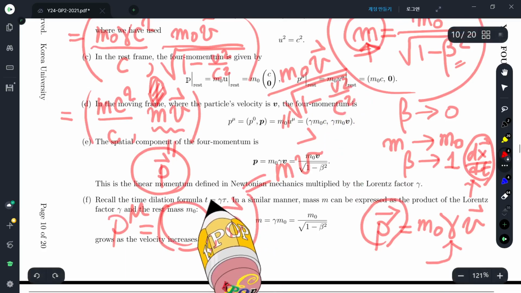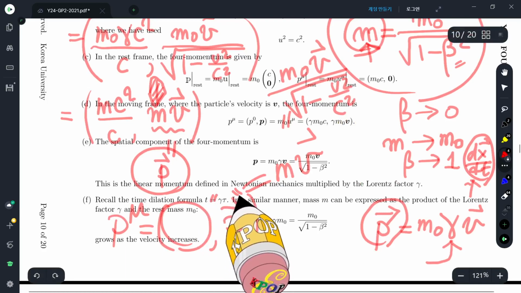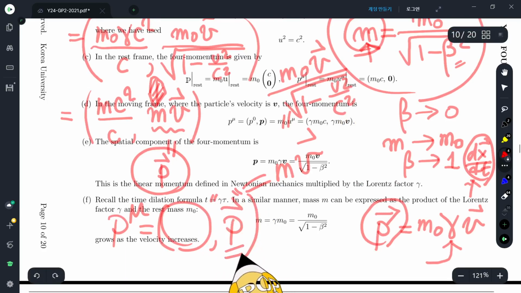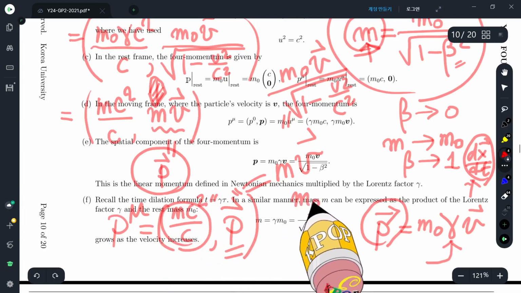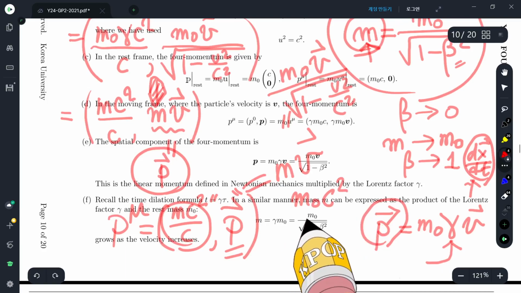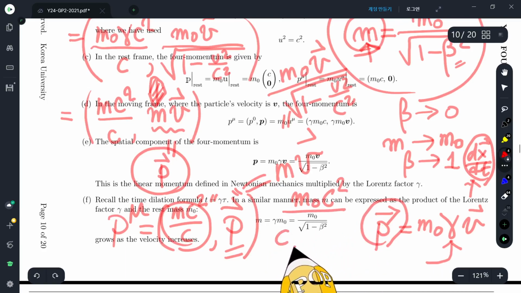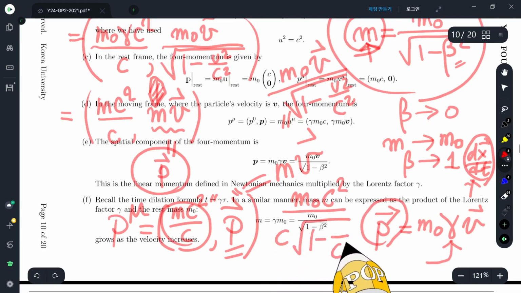So now we understand what the spatial component of this four momentum is. However, we still don't know what the zeroth component, that is mc squared over c, or m0c squared over c multiplied by this additional factor coming from the Lorentz factor.